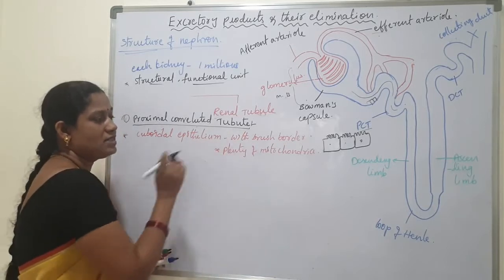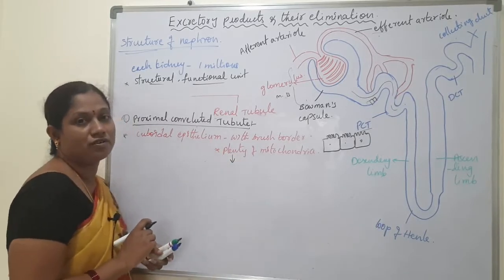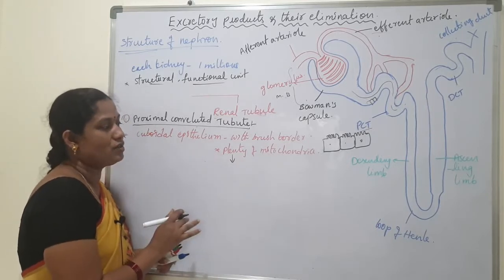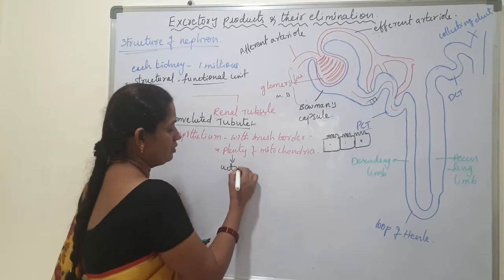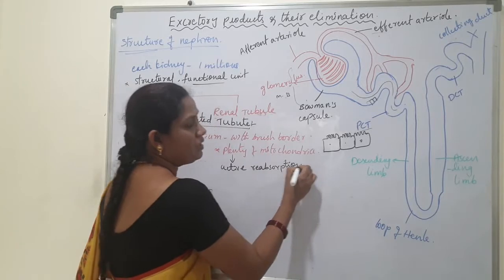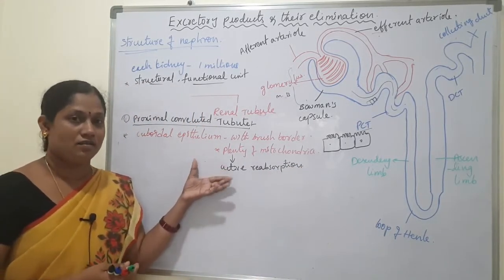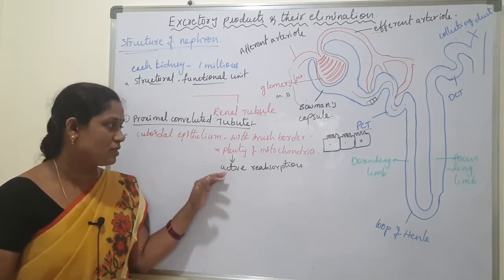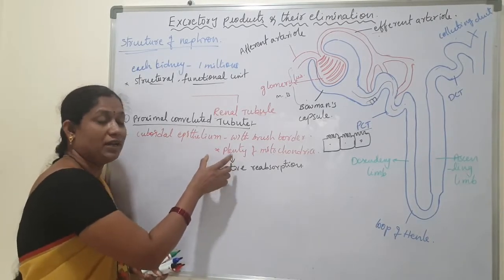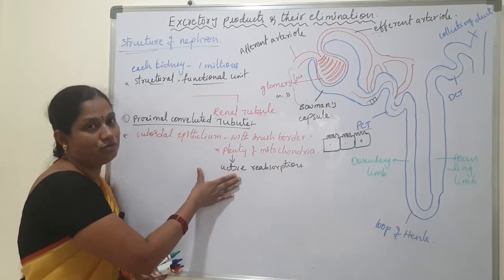So why does it have plenty of mitochondria? Here mainly active reabsorption takes place. In the PCT, the major reabsorption processes take place. Mainly glucose and amino acids are absorbed by active transportation.